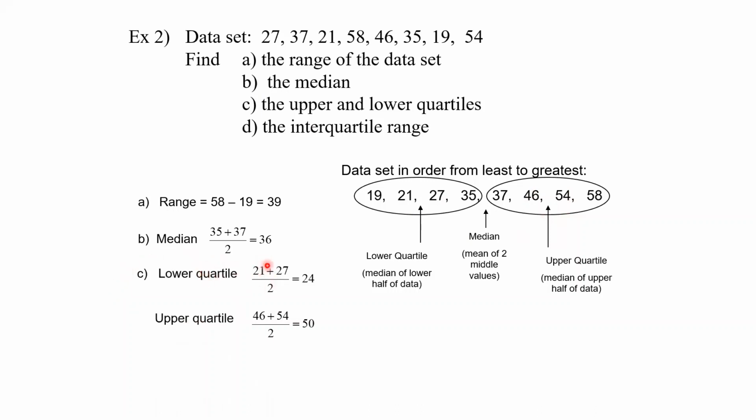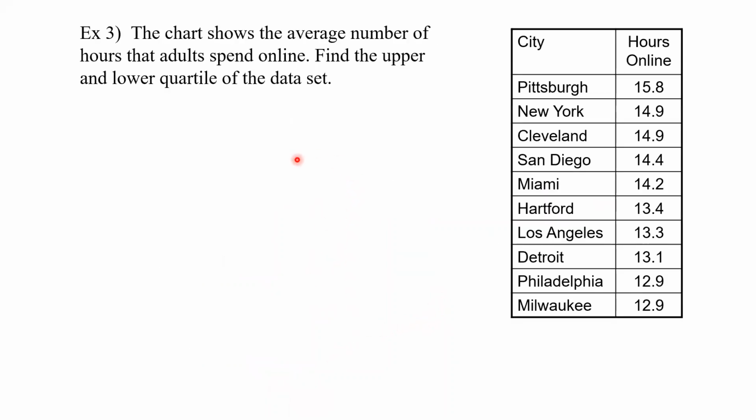So the lower quartile will be 21 plus 27 over 2 to get 24, and the upper quartile will be 46 plus 54 and then get the average, 50. So the lower quartile here will be 24, the upper quartile here will be 50. Therefore, the interquartile range will be 50 minus 24, and we get 26. So that's how we arrive at our interquartile range.